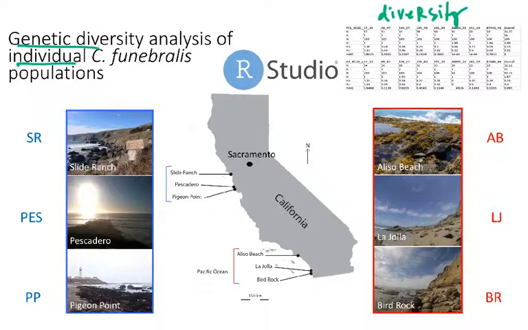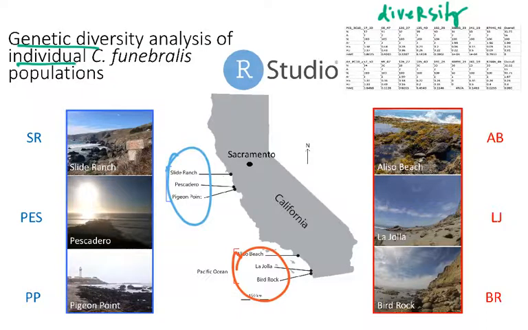But I have actually never calculated and compared the genetic diversity of individual C. funebralis populations. So I've always been grouping all of these northern populations together, and all of the southern populations together as well, but it's very possible that they are doing different things as separate populations. I've never actually examined that.